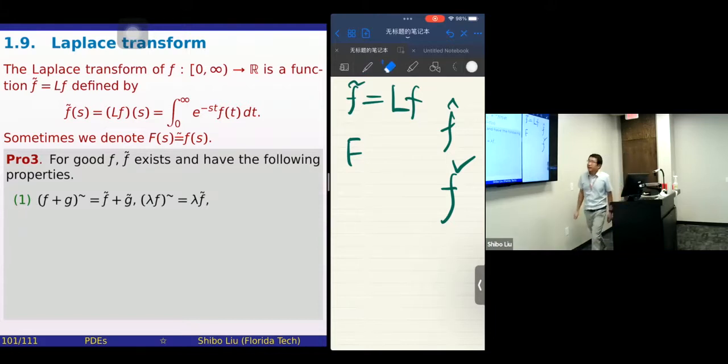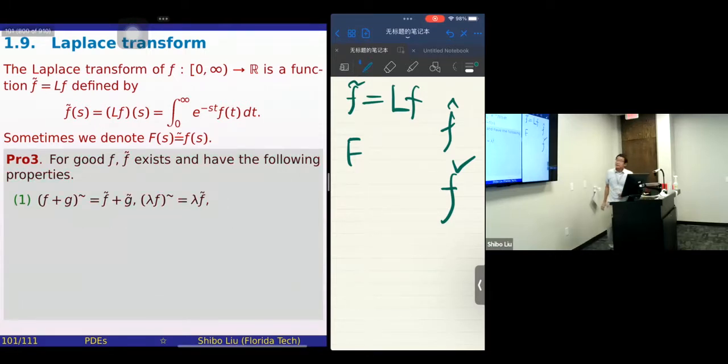The first is that the Laplace transform of the sum of two functions equals the sum of their transforms. Also, the Laplace transform of a multiple of f equals lambda times the Laplace transform of f. These two properties mean that the Laplace transform, given a function, produces a new function, and this transformation is linear, like our linear partial differential operator when we introduced linear PDE.